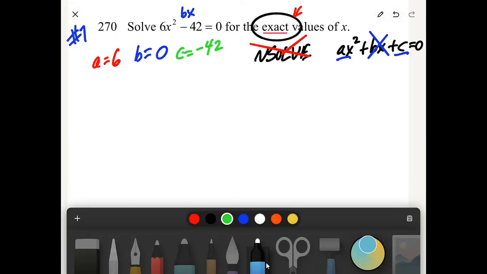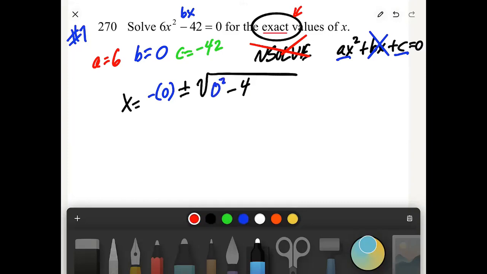Now, we're going to need to store these numbers. But let me just write down what we're going to do. It's going to be x equals negative 0 plus or minus the square root of 0 squared minus 4 times 6 times a negative 42.